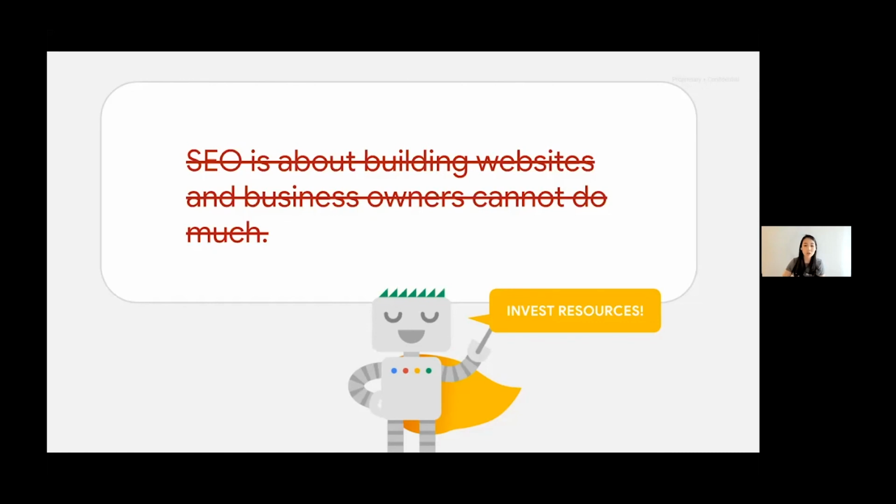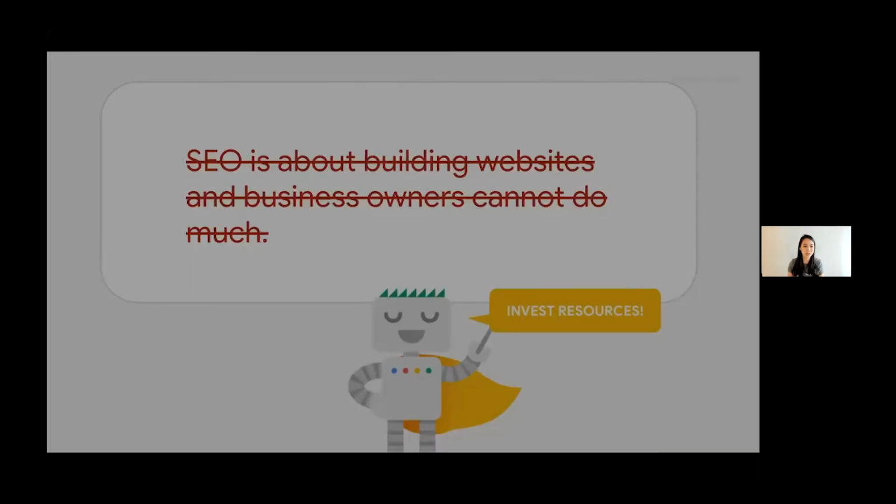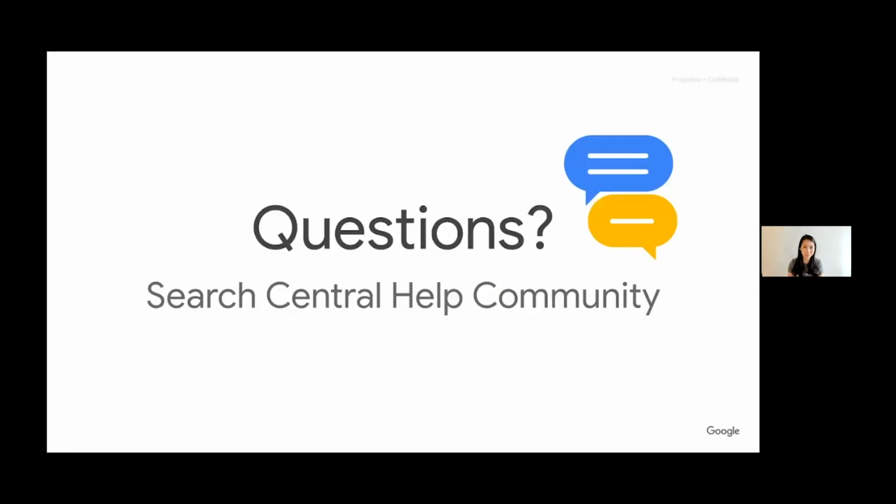Right? So in general, there are a lot of things you can do even if you're not technical. You just have to invest more resources and commit to working more closely with someone who manages the online part of your business. I think we're running out of time, so we will stop the myth here today.